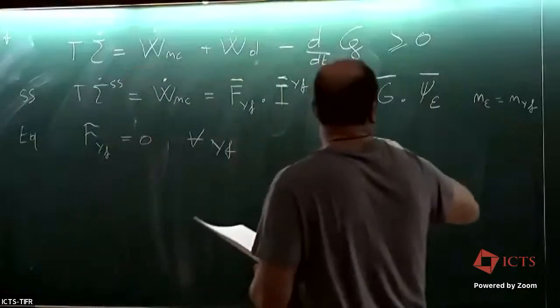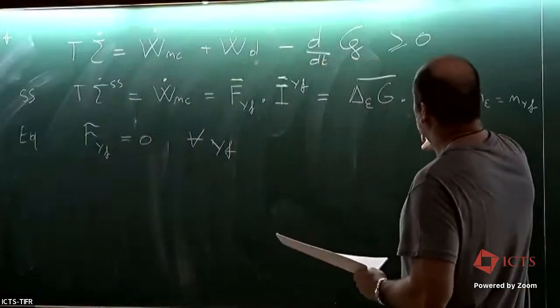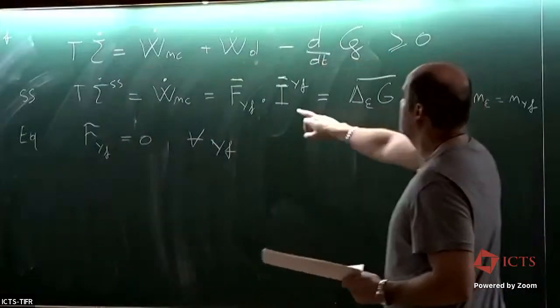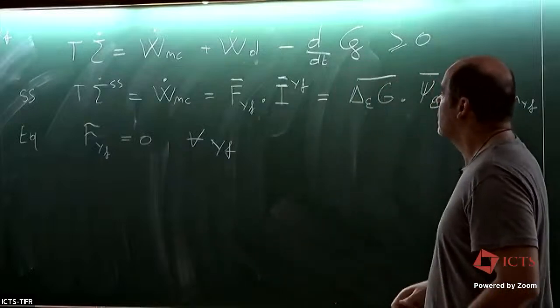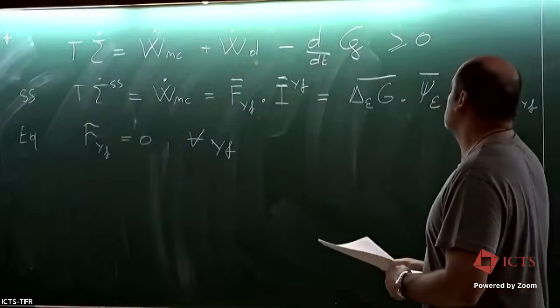That's what I'm a little bit confused about. You mean this or this? No, I mean either F dot I or delta G dot psi. If you go a bit lower, you see that the entropy production can be written in two ways, right? Yes, correct. So I'm just wondering which is the more appropriate description.